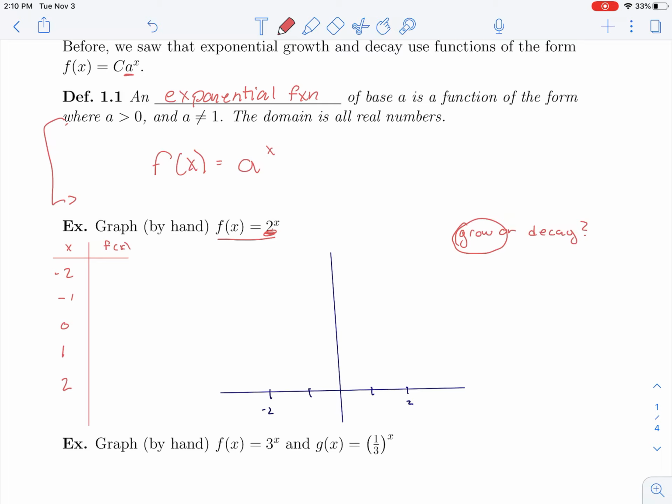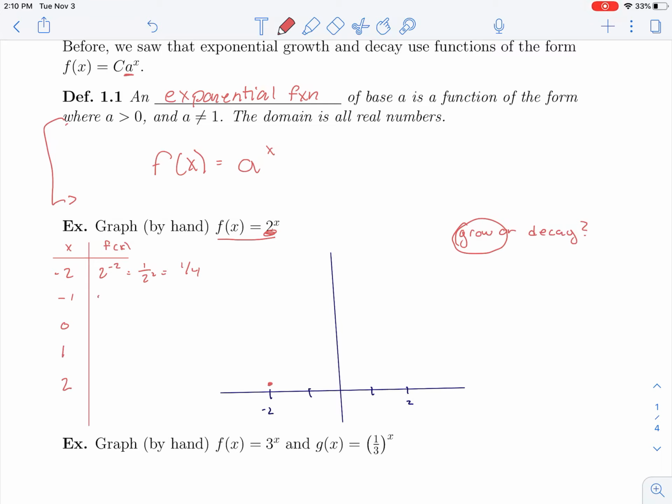So if I plug in -2, that'll give me 2 to the -2. Well, I know from exponent rules, that's just going to be 1 over 2 squared, which is 1/4. So that's going to be this point down here.